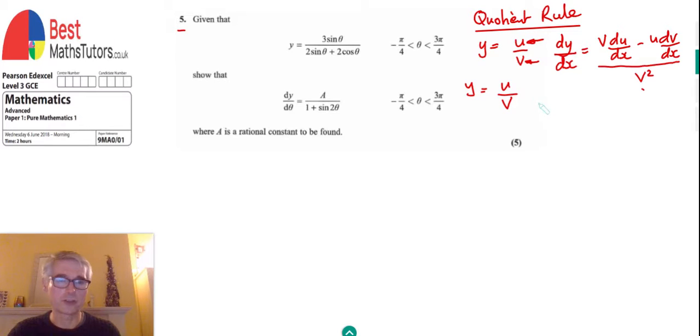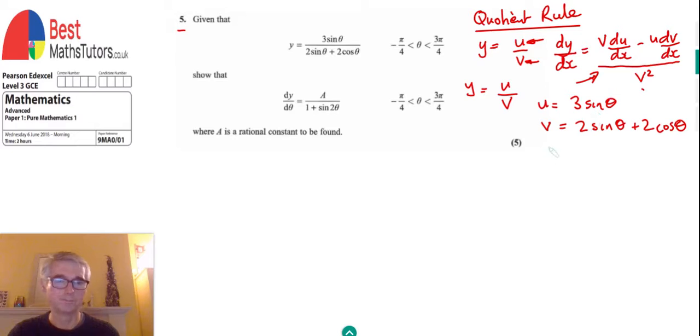And in our case, u is equal to 3 sine theta, and v is equal to 2 sine theta plus 2 cos theta. So the first thing that I'm going to do in order to apply this formula is differentiate both of these to find du/d theta.